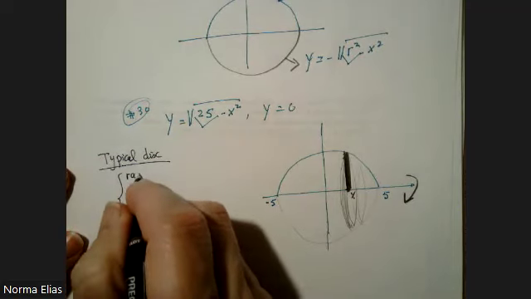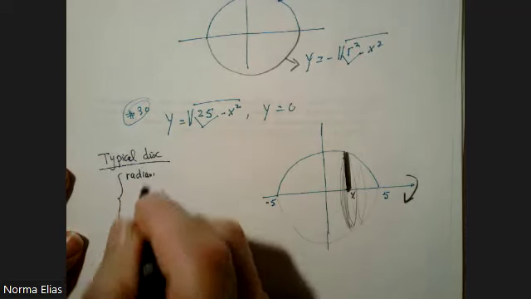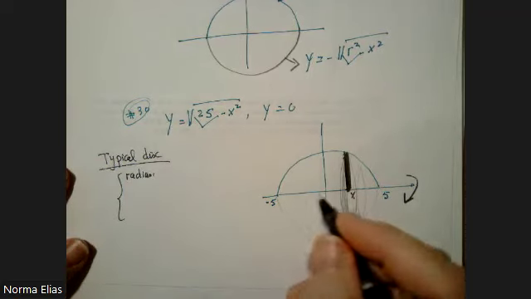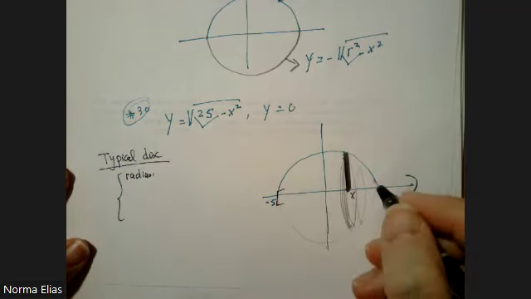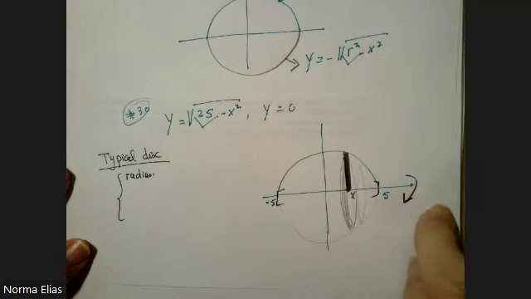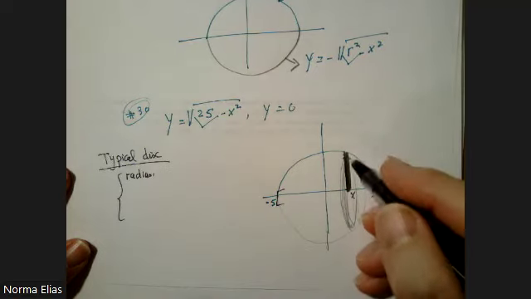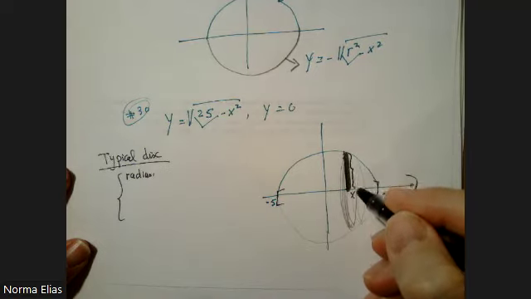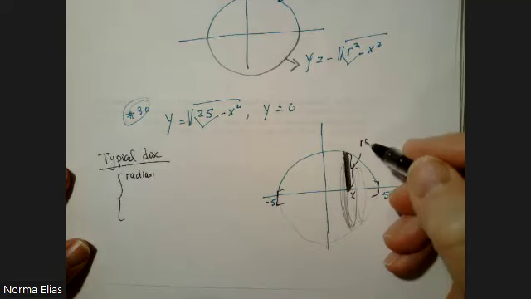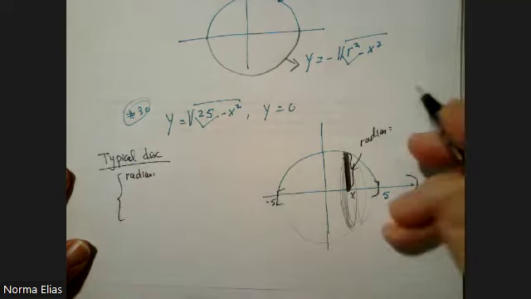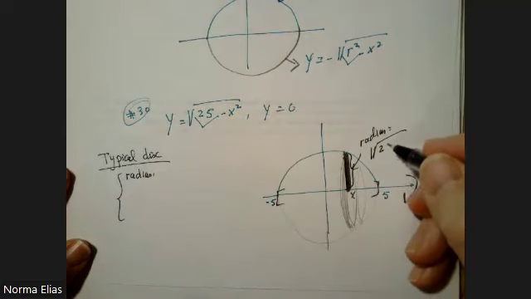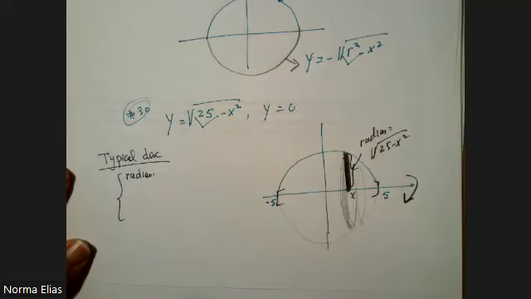The radius here, to cover the whole region, I'm dividing the interval from -5 to 5 on the x-axis. So x really is my variable, everything in terms of x. So this is my x, and so this is my radius. If I know x, the radius as a function of x is the square root of 25 minus x squared.